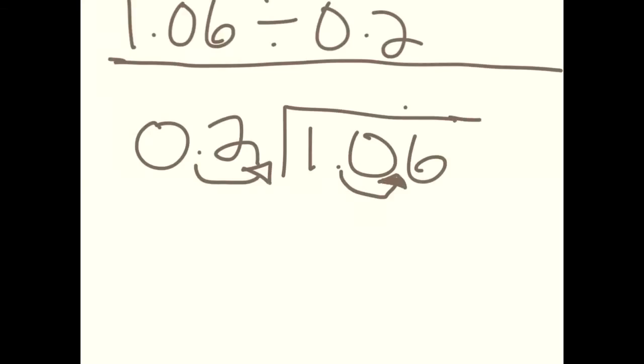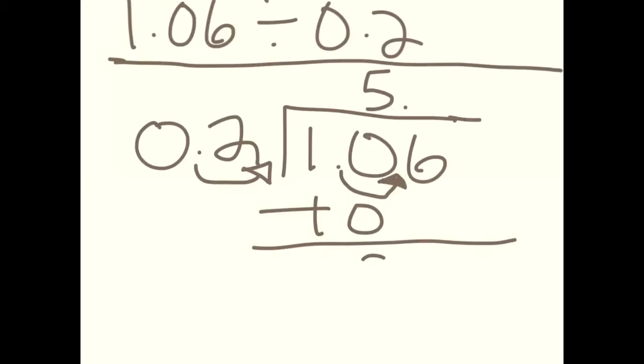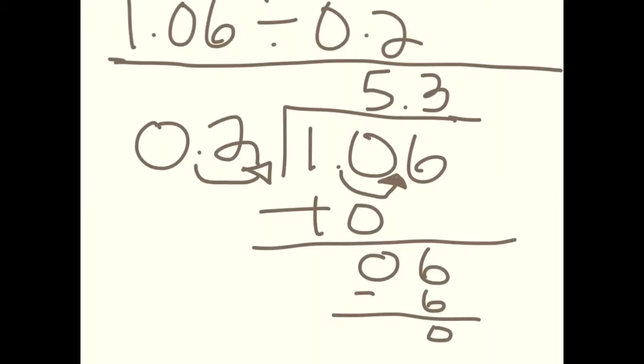And the decimal would be right there. Now you divide. 2 can't go into 1. 2 can go into 10 5 times. That would be 10. Subtract that. 0, bring down 6. 2 can go into 6 3 times. That would be 6 and 0. And you get 5.3.